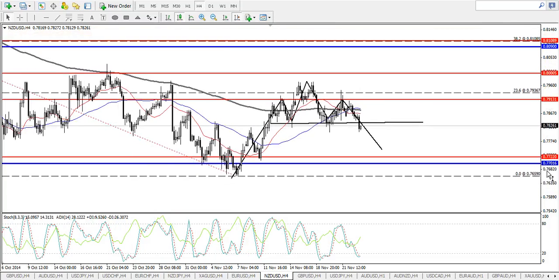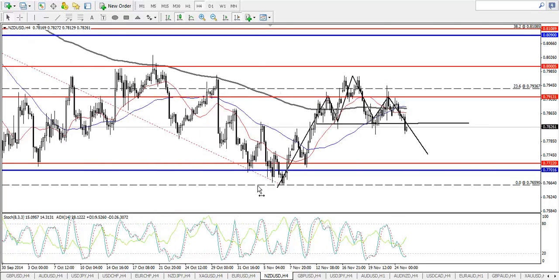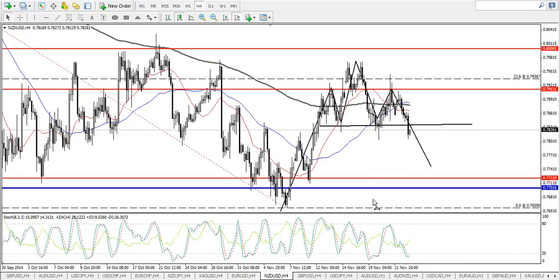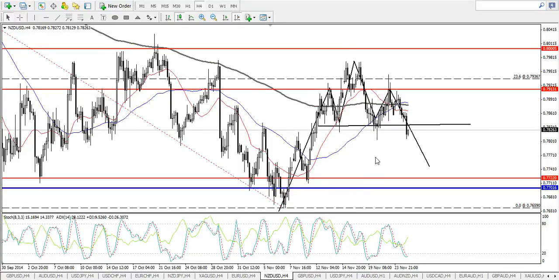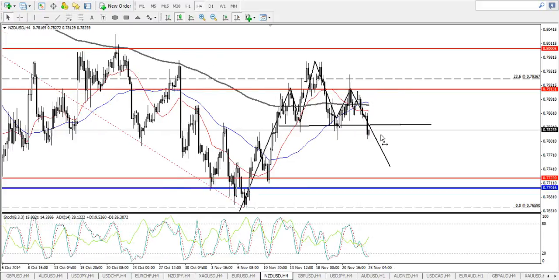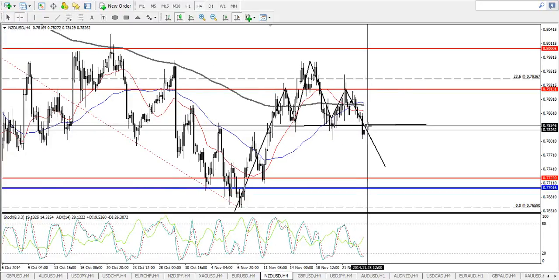Of course, we are also expecting price to fall even further to the previous low at 0.7659.